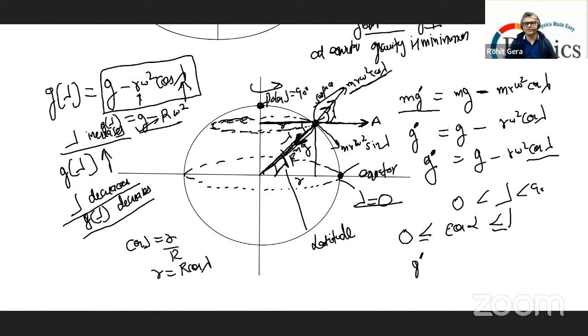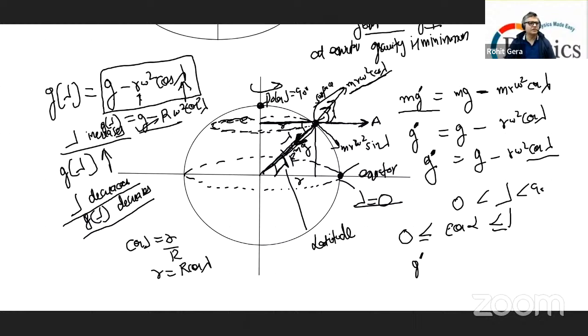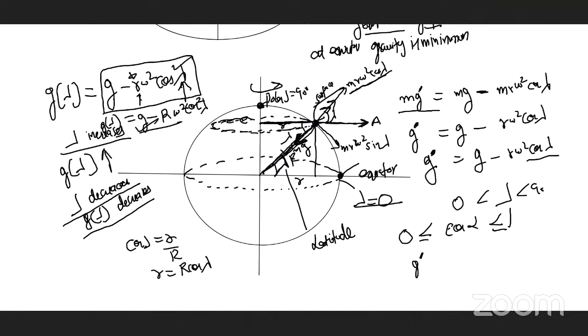Omega, the revolutions taken by Earth, is fixed. One revolution takes you 24 hours. So omega is 2 pi by T, T is 24 hours. I substituted r: r is equal to R cos lambda. So one more cos lambda comes in, so it becomes a square. Okay.